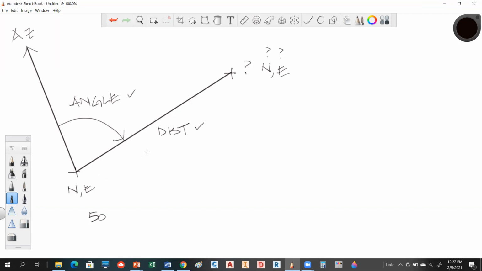And if you know that azimuth and that distance, then you can solve the latitude, in this direction, assuming north-south, and the departure. By measuring the angle, measuring the distance, knowing the azimuth, and knowing the coordinates, I can determine all of this, and that'll ultimately get me this. So this process is what we call a direct routine.